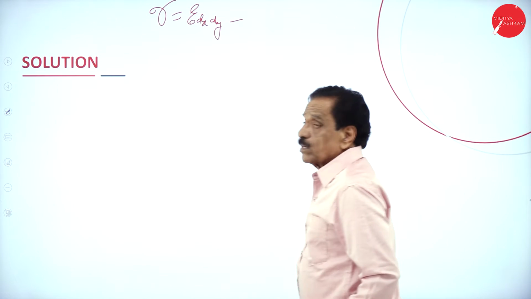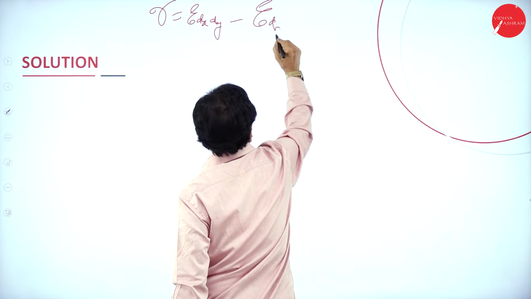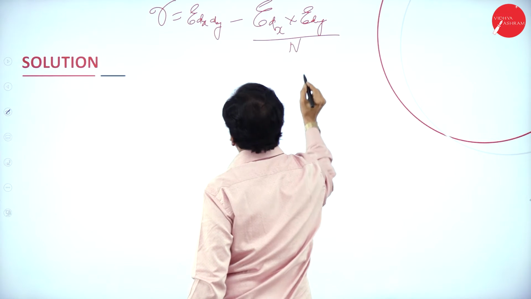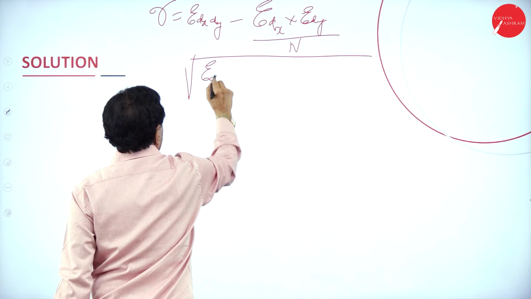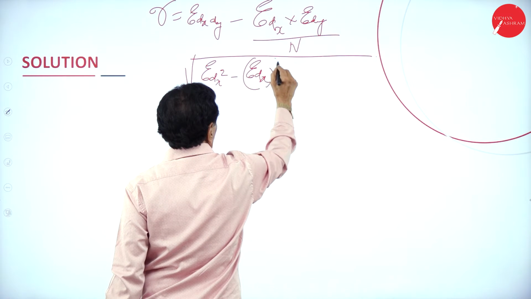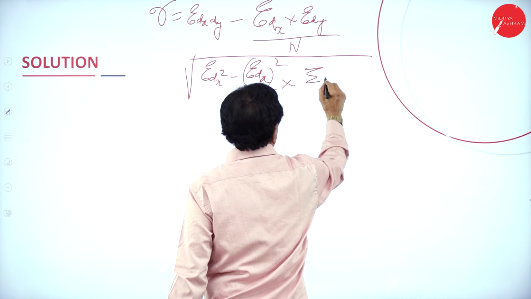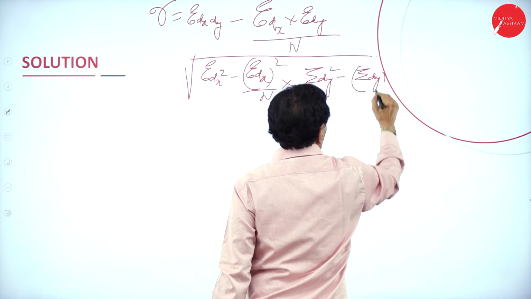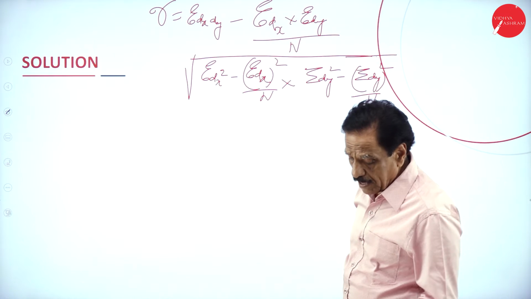You write the x in the bottom, dx dy, sigma dx sigma dy divided by n, divided by root of sigma dx square minus sigma dx whole square divided by n into sigma dy square minus sigma dy whole square divided by n. Okay, we'll apply the numbers now.